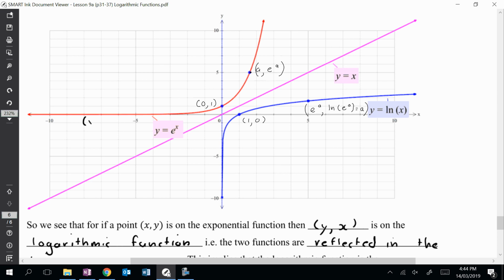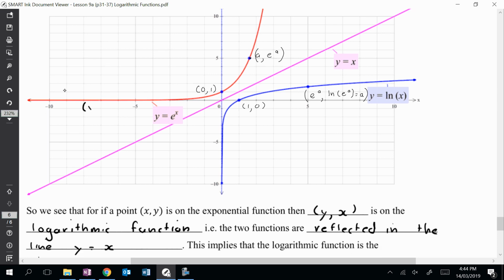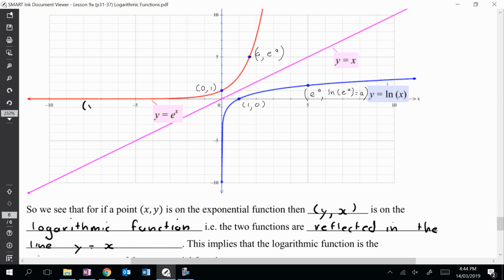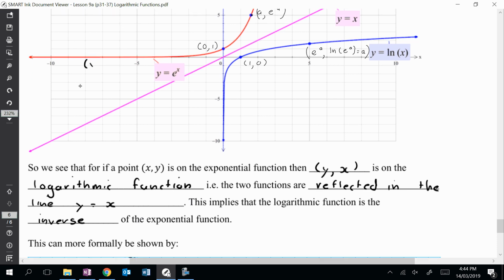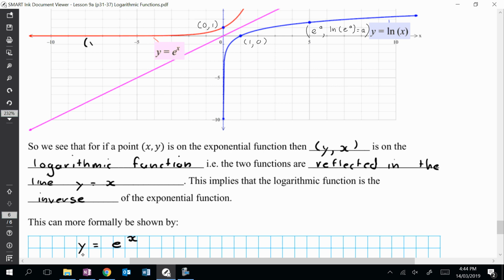So it's easy to see that this function here is just a reflection of this exponential function here. This tells us that the log function is the inverse of the exponential function. More formally, we could say y equals e to the power of x.